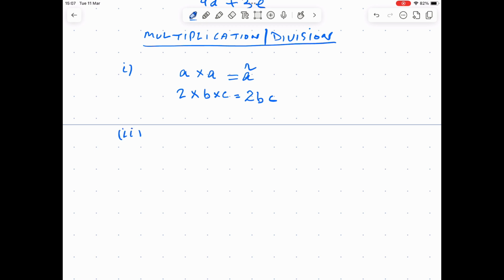Sorry, that was 2. That is 3. Okay, so this number 3 is, if we say d times d times d, that will give us d cubed.